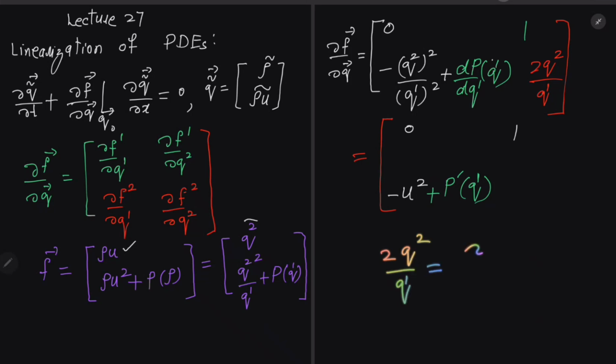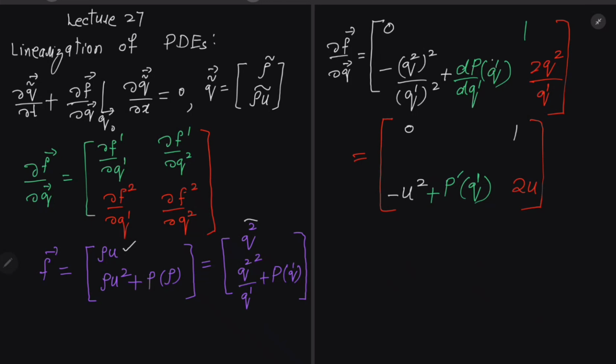What is q2? q2 is rho u, and q1 is rho. Rho will be cancelled out, and you get 2u. So I write 2u over here.